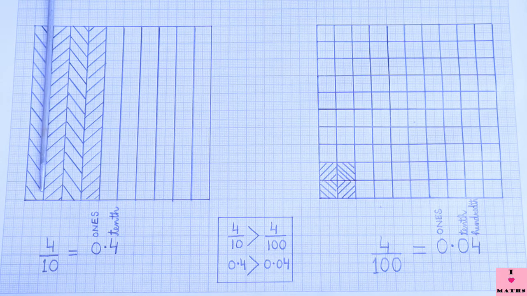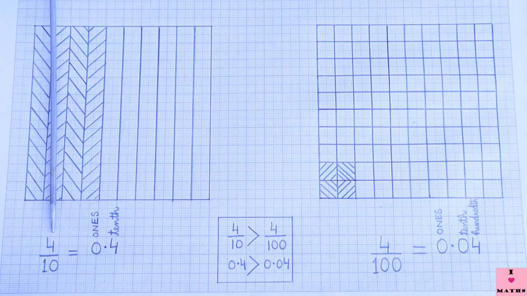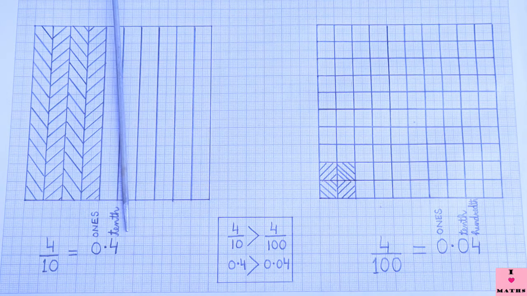So the fraction for the shaded parts is 4 out of 10, and the decimal equivalent is 0.4. Now children, 0 is at ones place, and after the decimal the fraction part starts. So this place is called the 10th place.